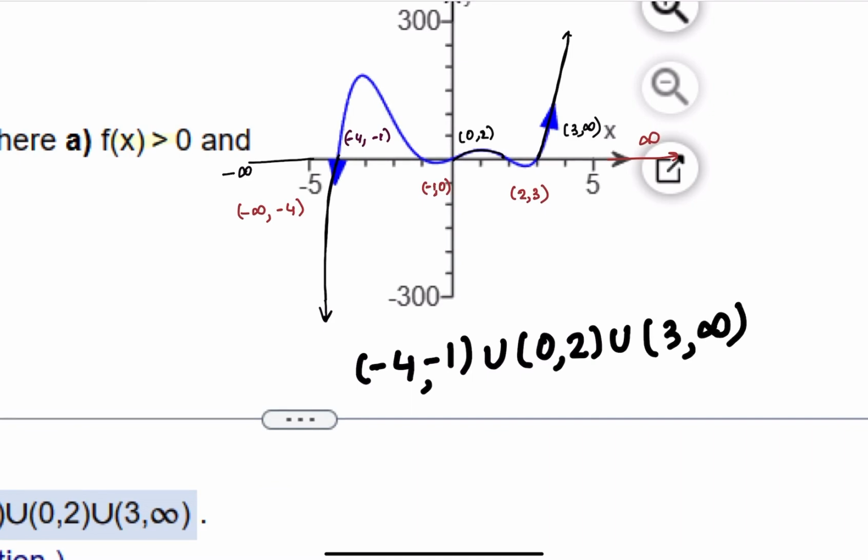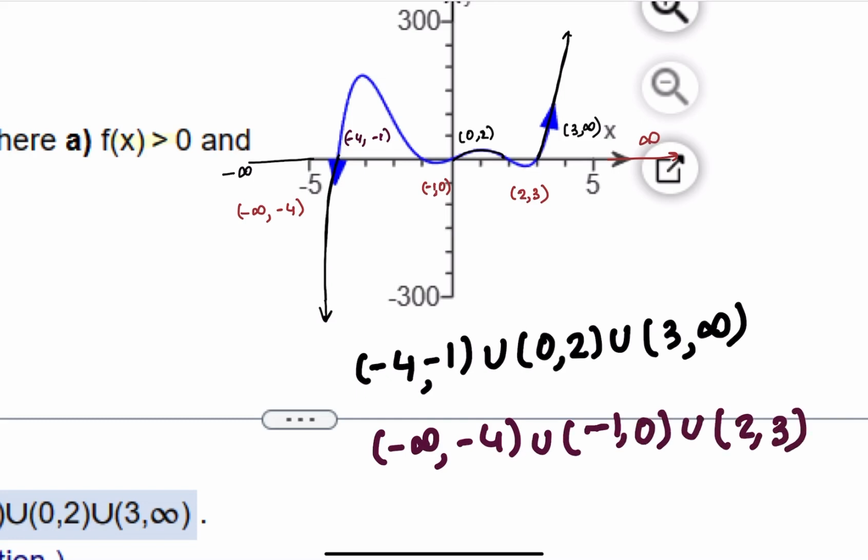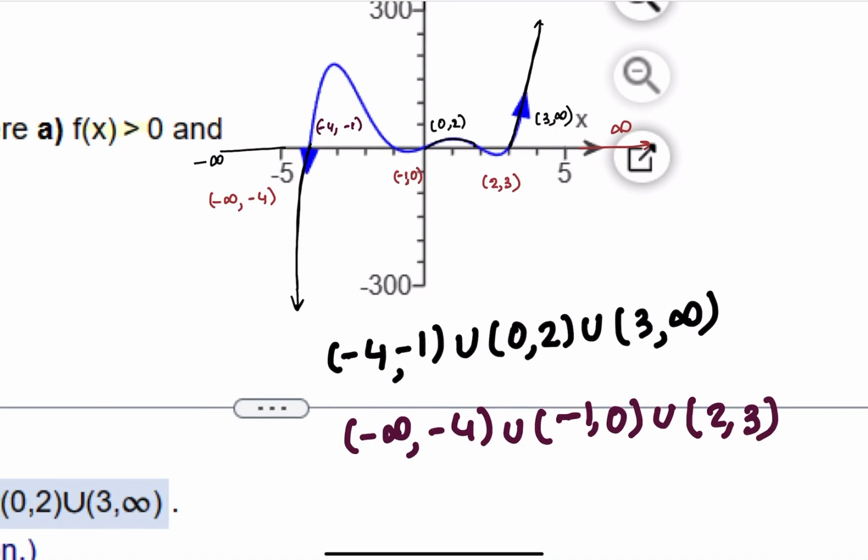Where is it negative? It is negative all in the bottom. Negative infinity to -4, or -1 to 0, or 2 to 3. So all the bottom ones are less than 0. All the top ones are above, so they are greater than 0.